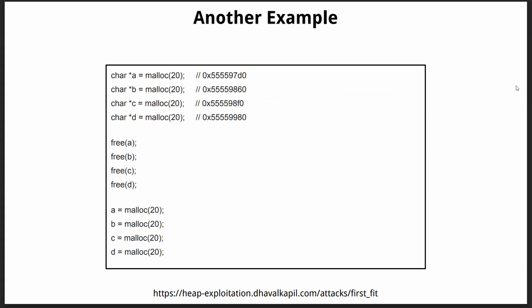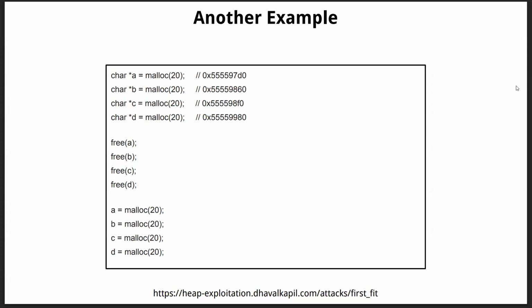Another example of A, B, C, D, all malloced at those addresses, and those are the return addresses: 97D0, 9860, 9850 of F0, 9980. Then we free A, B, C, D in that order. So order matters. We free them.